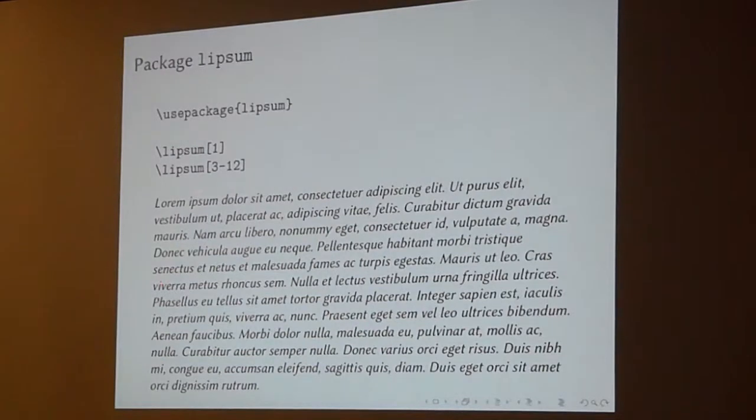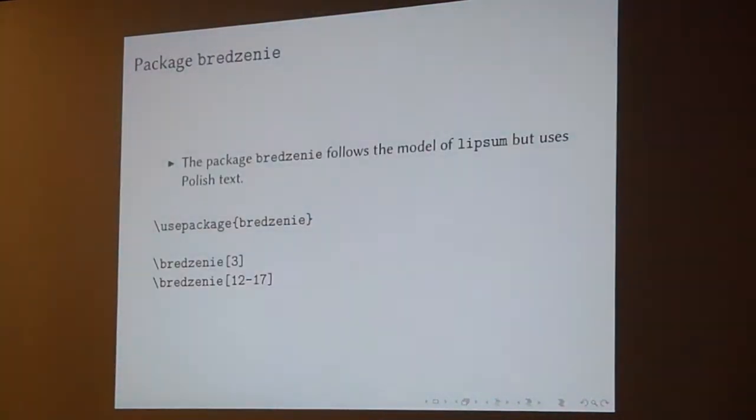So this is the result of that, and you have a list of paragraphs. You can choose one of those paragraphs from the list or a range. My version follows this schema. So the package is named bredzenie. The command is different, so you can use both packages if you want to test pieces of two languages in one document.